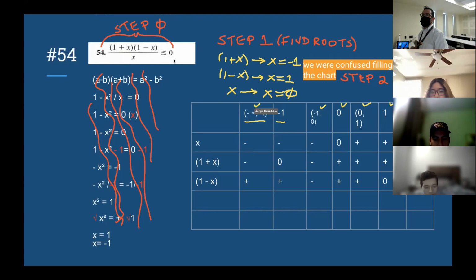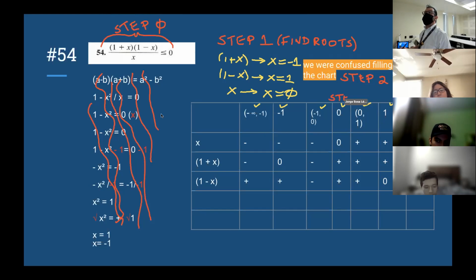These are the intervals. This is step 2. Okay? Are we okay up to this point? Yes. Perfect. Now, what was step 3? Filling out the chart, correct.